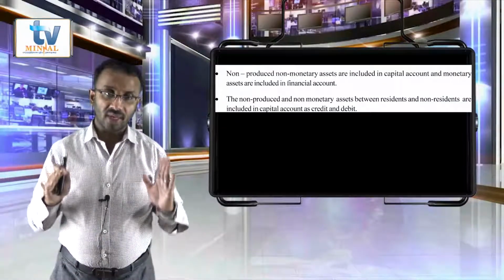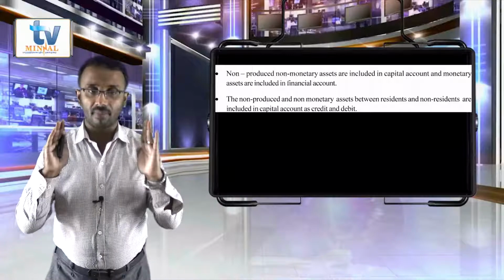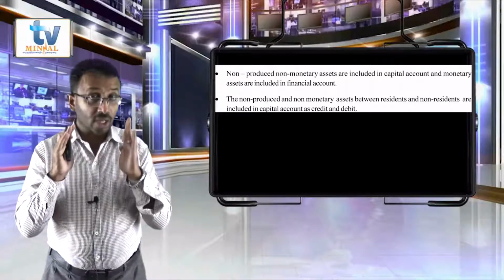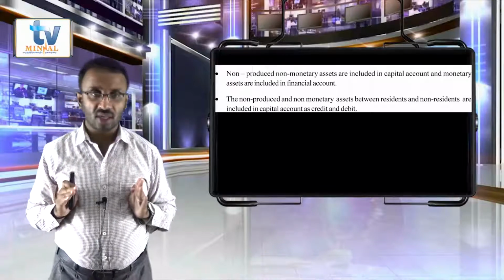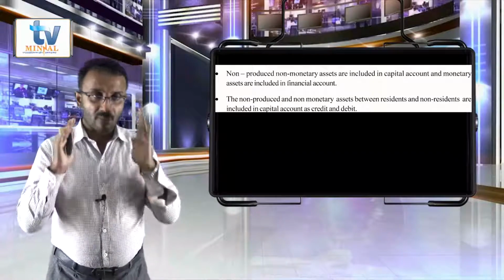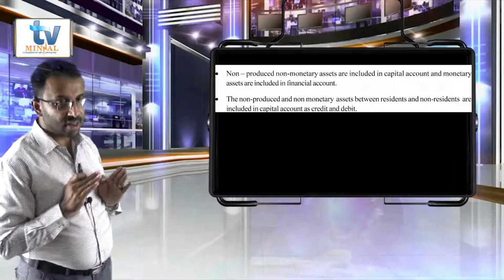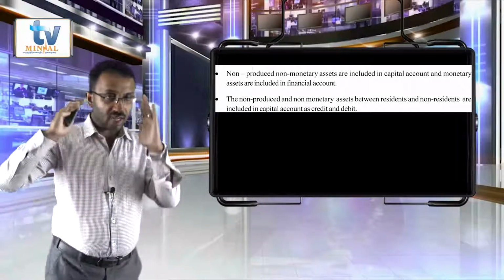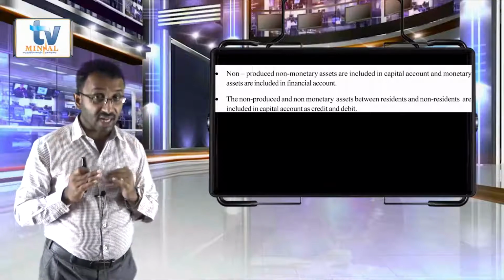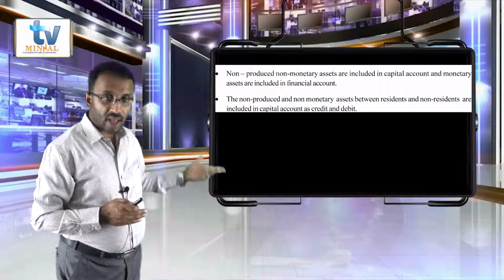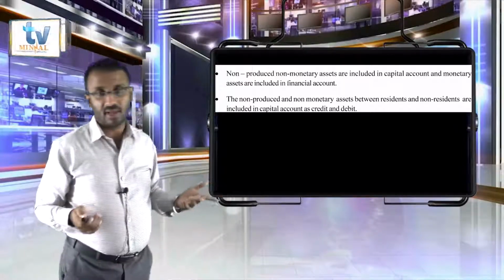Okay. Now see here, non-produced, non-monetary assets are included in capital account, and monetary assets are included in financial account. Remember students, non-produced, non-monetary assets between residents and non-residents are included in capital account as credit and debit.